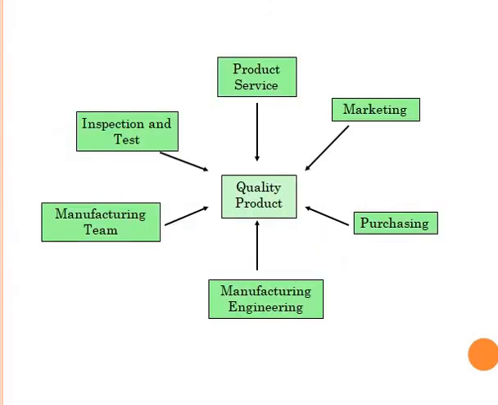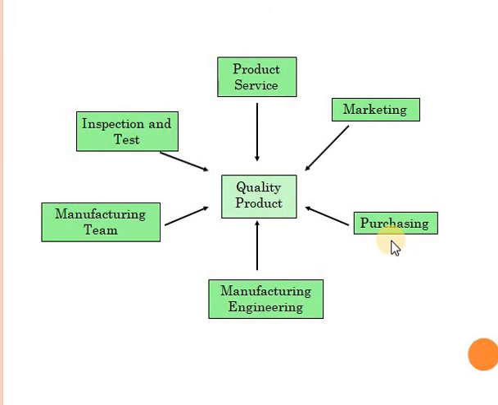Now, what determines the quality of a product or service? First of all, it is the manufacturing. How do we manufacture this product, or how do we deliver this service? The purchasing is highly related to the quality, because it is the raw material that you purchase. Its quality determines the end product quality.